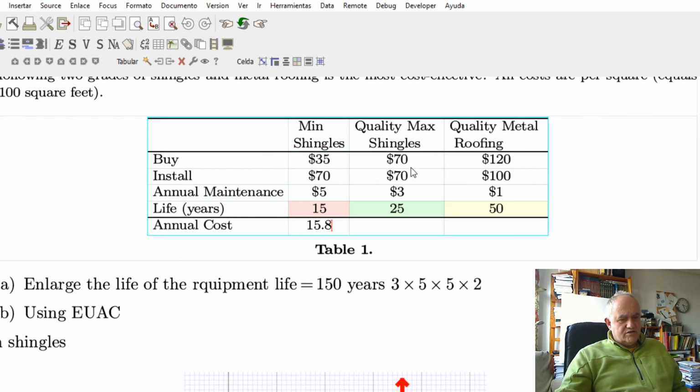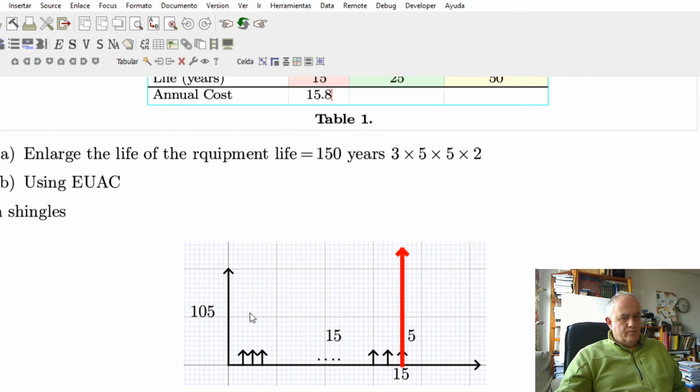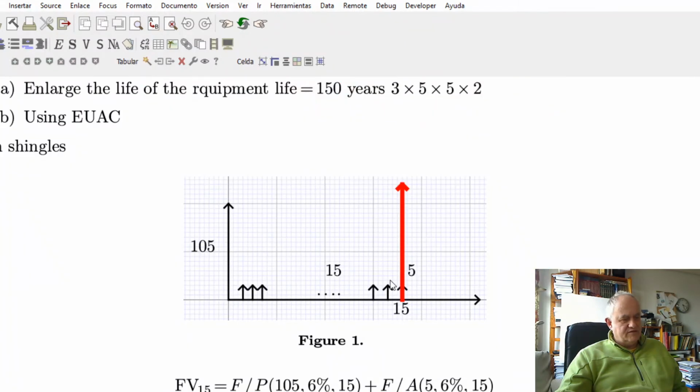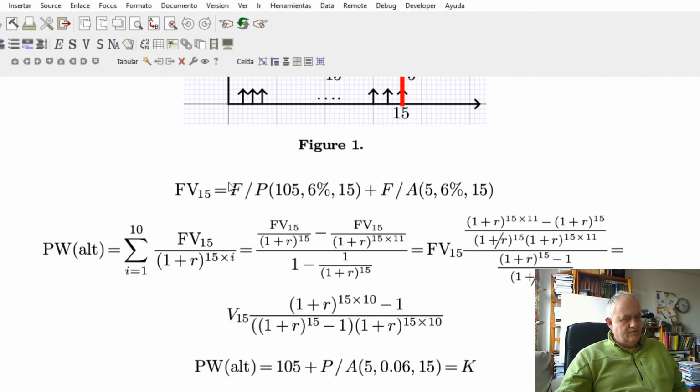The annual cost of this will represent 3 of annual maintenance plus the annuity equivalent to 140 during 25 years. So let's do the example.